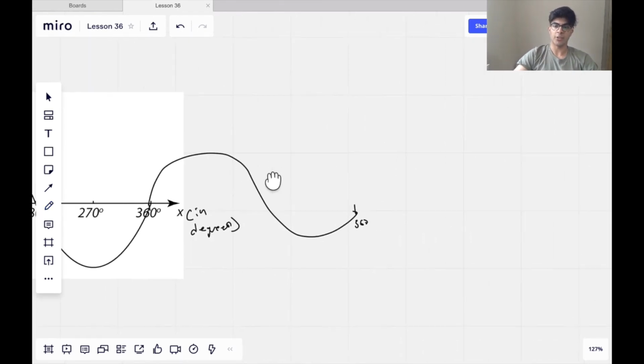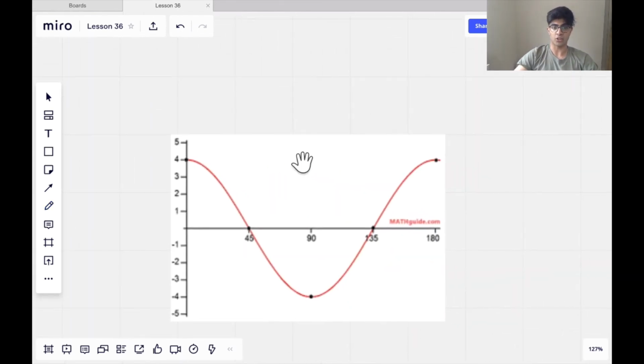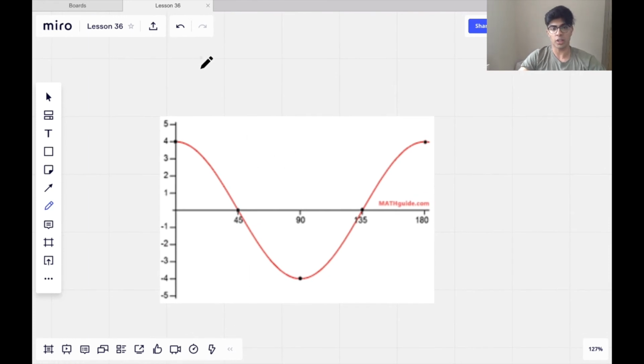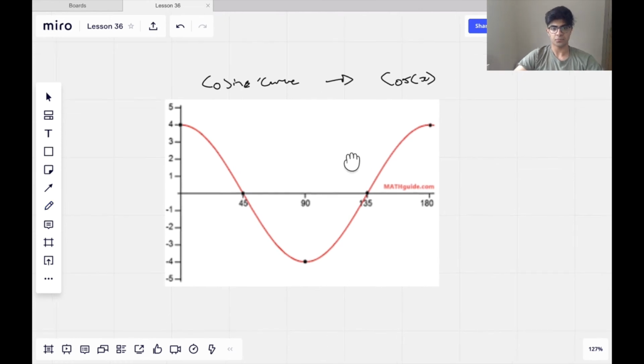If you compare this to another one we have, this is called the cosine curve, which we shorten to cos, so cos of x. Again, ignore the y-axis in this case.